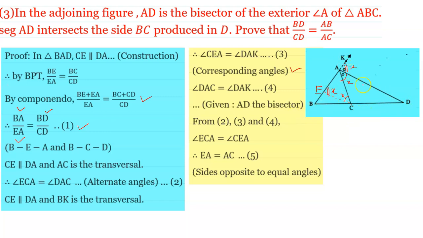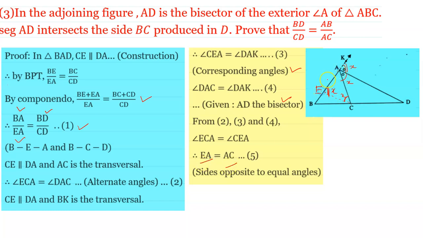AD हा त्याचा बायसेक्टर असल्यामुळे हे दोन्ही angles कसे तर ते same. And therefore from 2, 3, 4, the angle ECA is equal to angle CEA. These two angles are equal, and therefore EA is equal to AC.